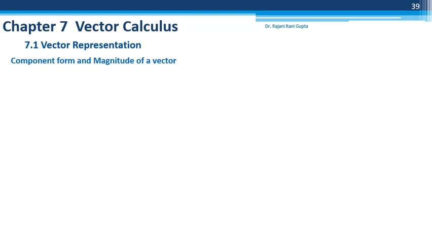Now, how do we represent vectors? If we define a vector in simple language, we say that it is a directed line segment which has some initial point and a terminal point. For instance, if I have these 2 points A and B, we say that AB is a vector.